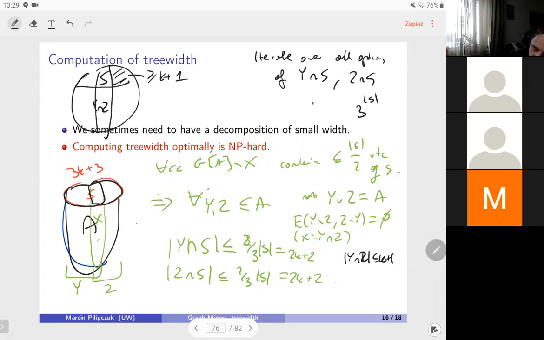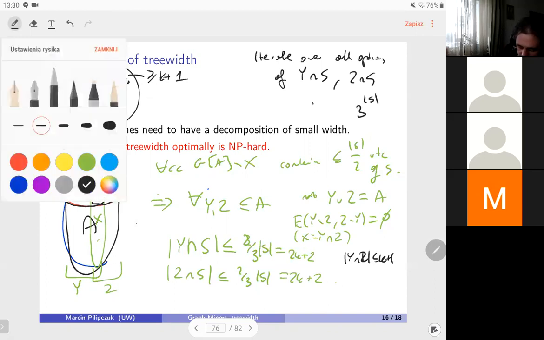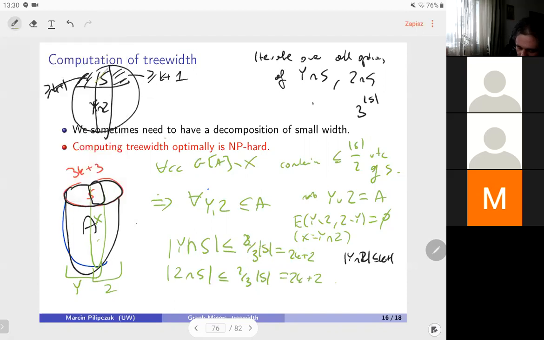Both these sets have size at most k plus 1, and this set in the middle is at most k plus 1. So there's a separation like that, and I can find it in reasonable time, in 3 to the size of S time.